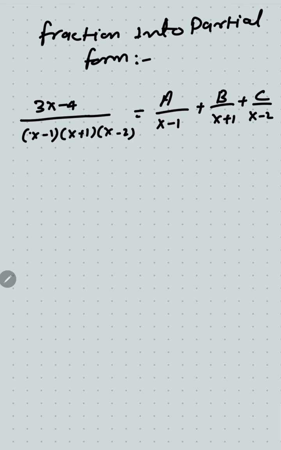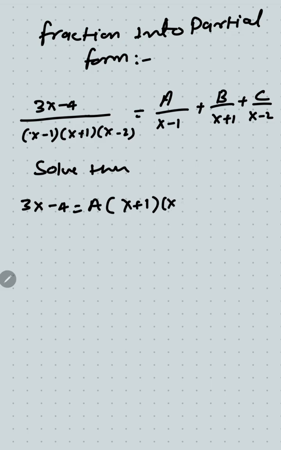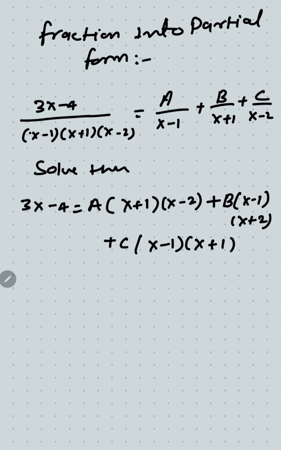Okay, we can solve. Then 3x minus 4 will be a times x plus 1 and x minus 2, and b times x minus 1 and x minus 2, and c times x minus 1 and x plus 1.